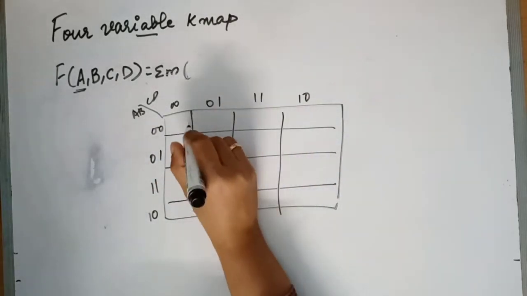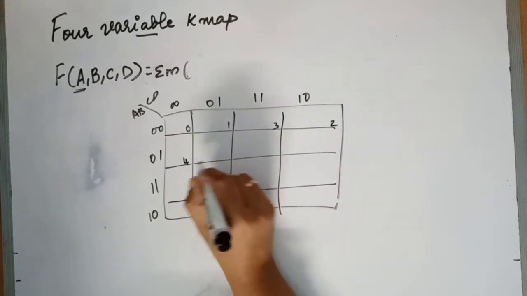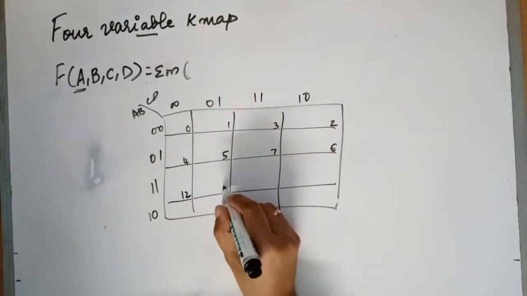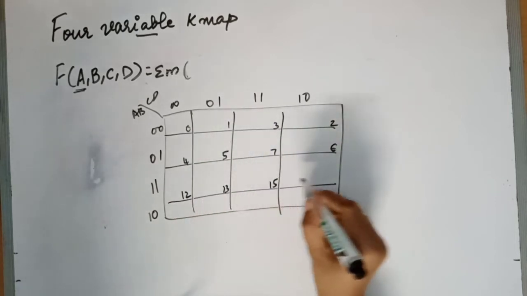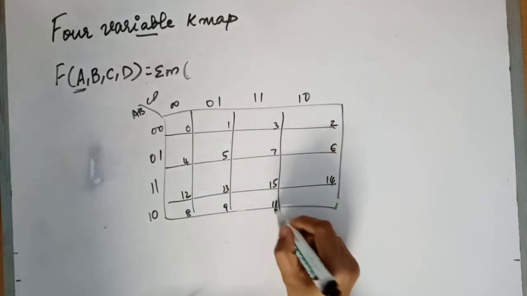So it is 0, 1, 3, 2, 4, 5, 7, 6, 12, 13, 15, 14, 8, 9, 11, 10.